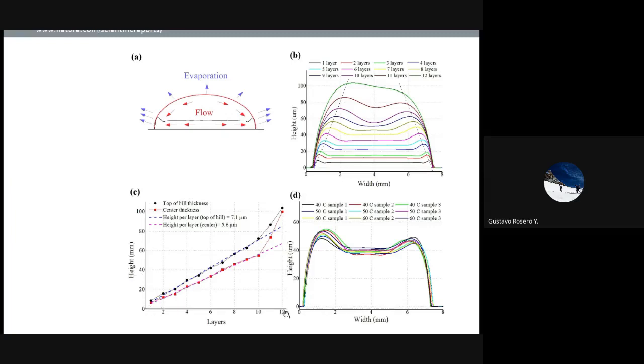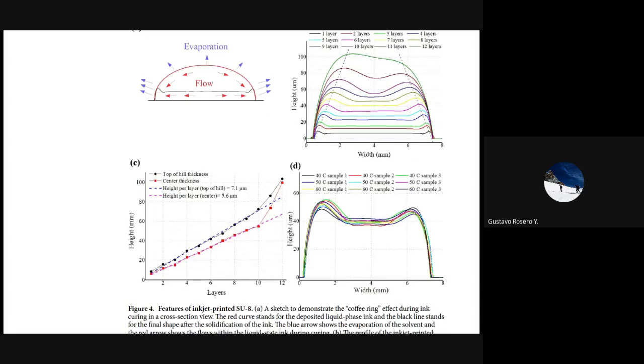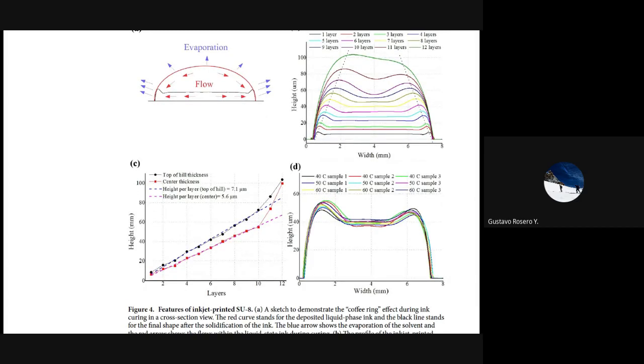In this case the SU8 had 12 layers, and they also measured the height of this, and they found this behavior as well. For this reason, they have a few limitations in order to fabricate this microfluidic.